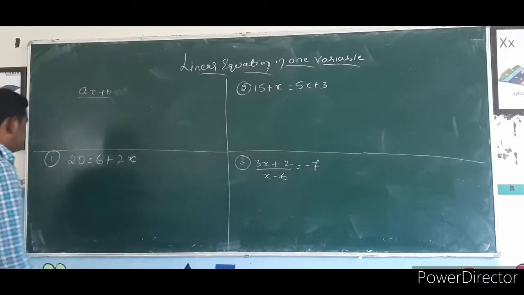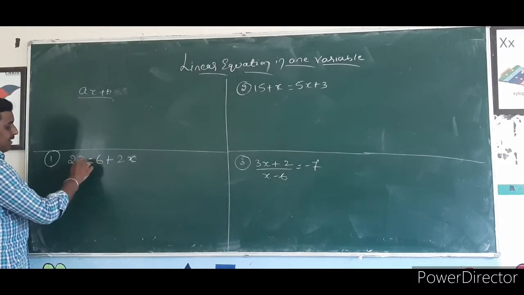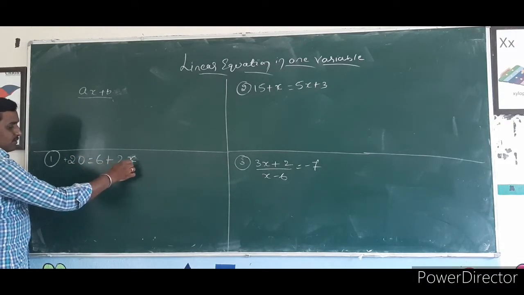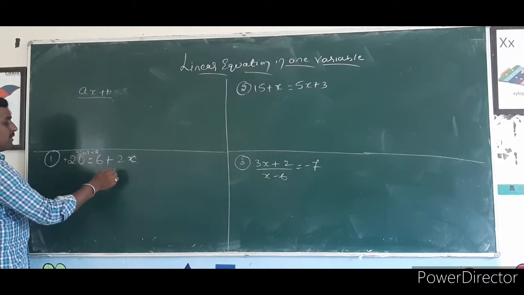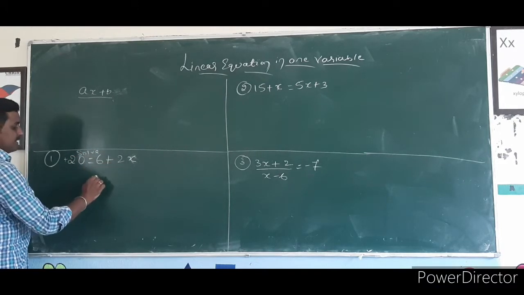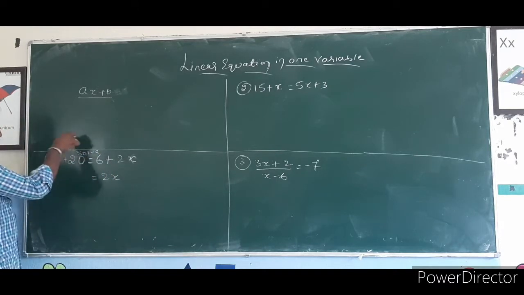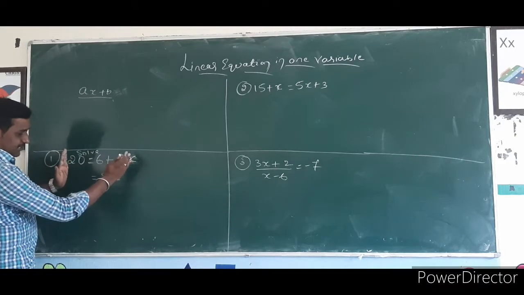Let us try. 20 is equal to 6 plus 2x. We want to solve for the x value here. You can keep this 2x as it is. Plus 6 you can shift to this side. This is called the LHS part, this is called the RHS.